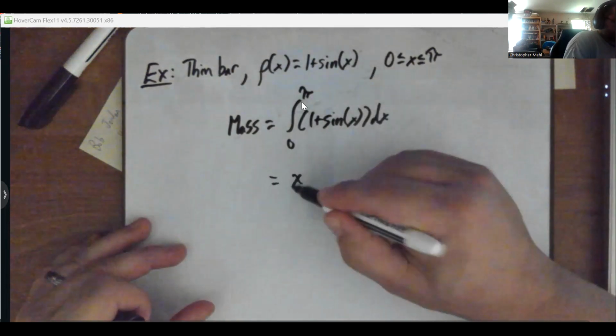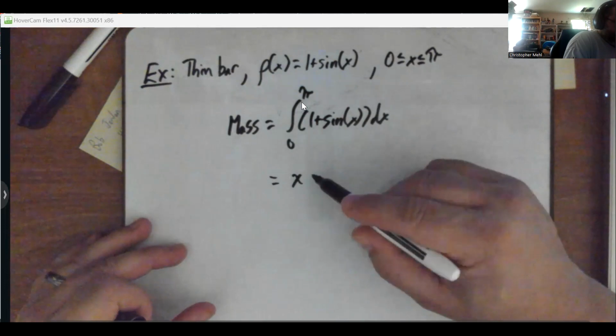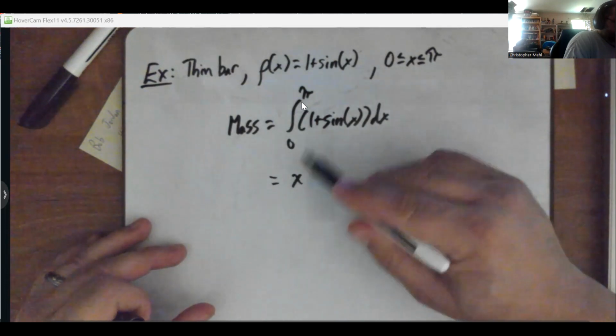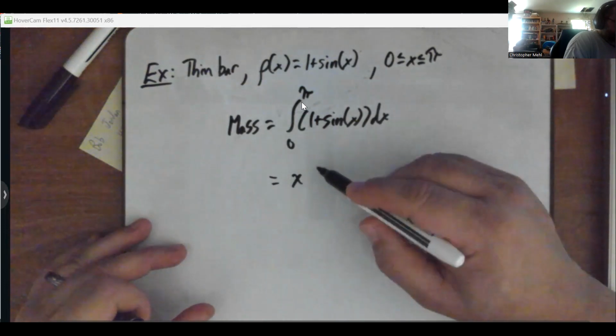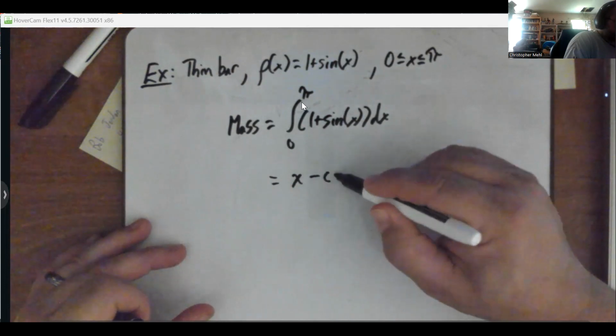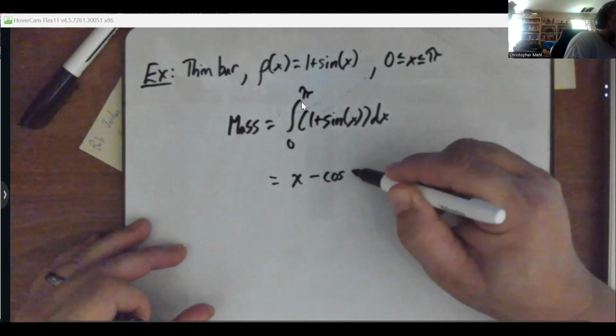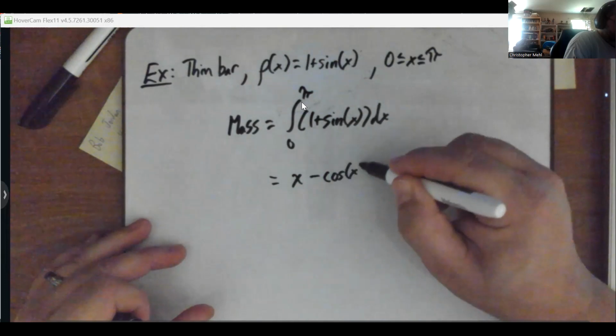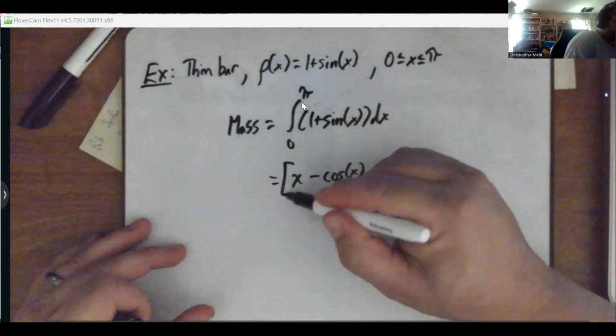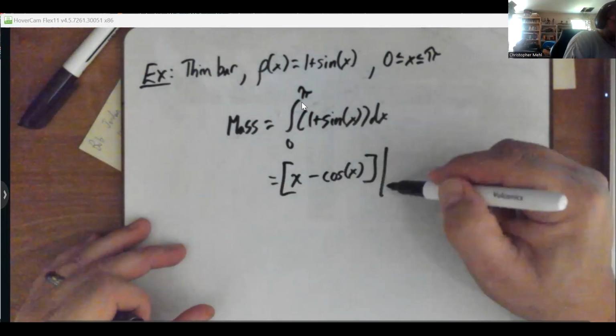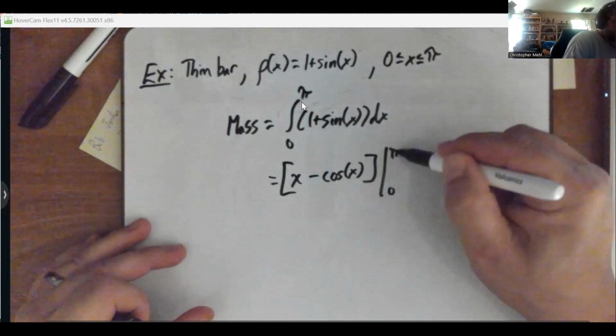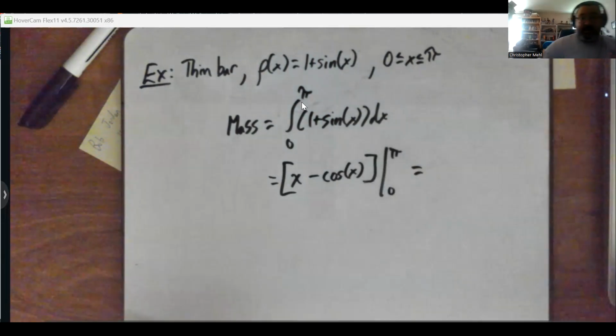The integral of 1 is just going to give us x. The integral of sine x should give us negative cosine x. And we should do this from x equals 0 to x equals pi.